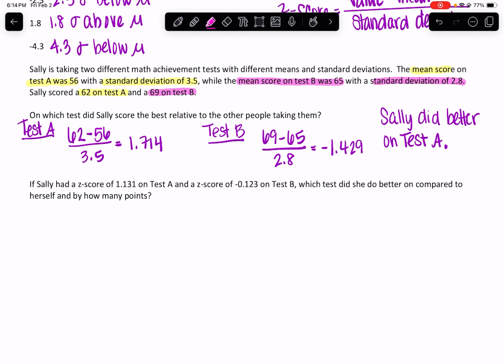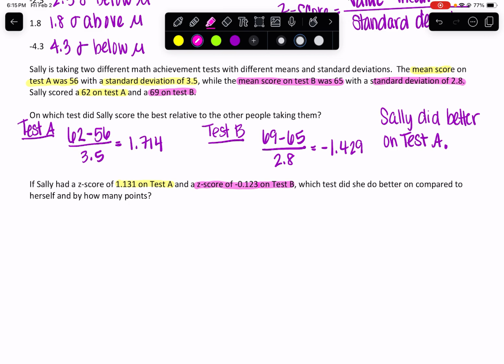And then here we have Sally had a z-score of 1.31 on test A and a z-score of negative, I should have color coded that. Let's do that really quick. Z-score of negative 0.123 on test B. Which test did she do better on compared to herself, and by how many points?